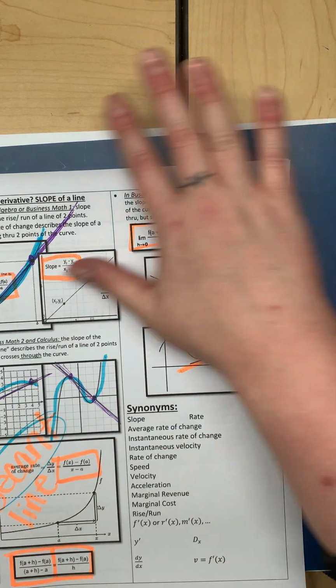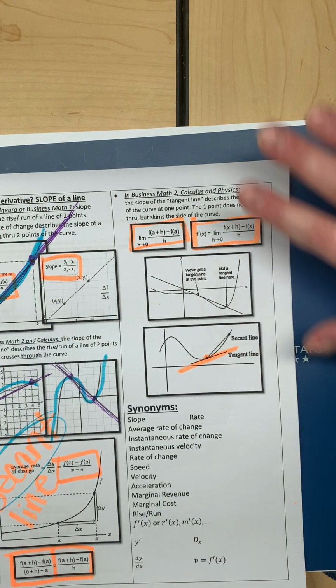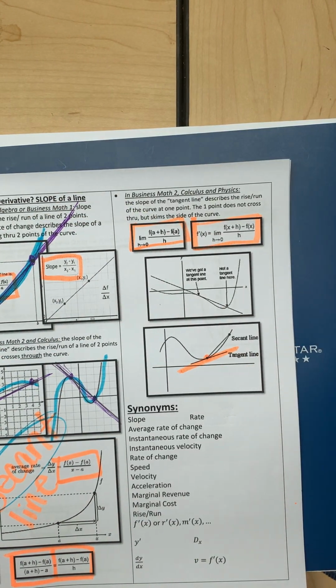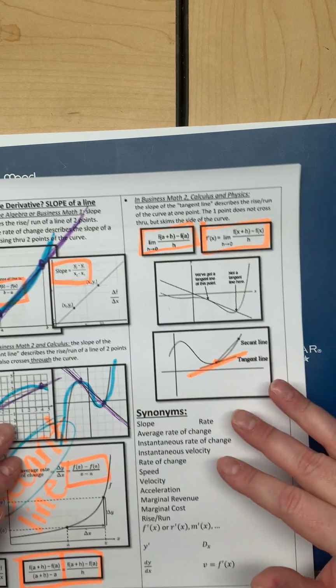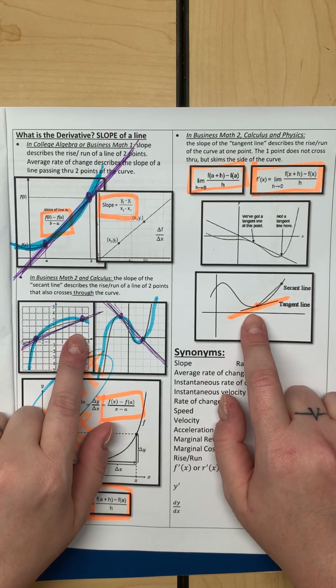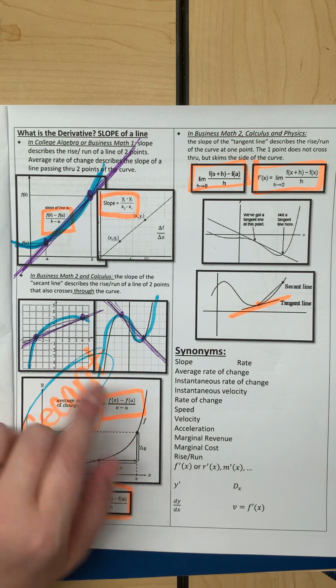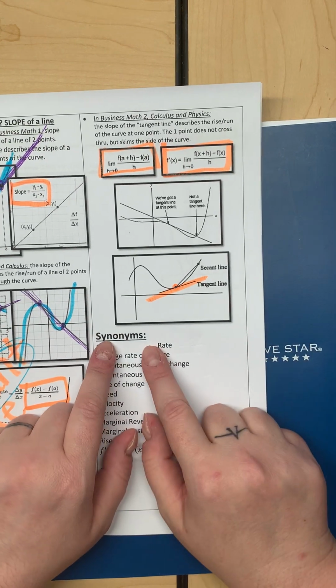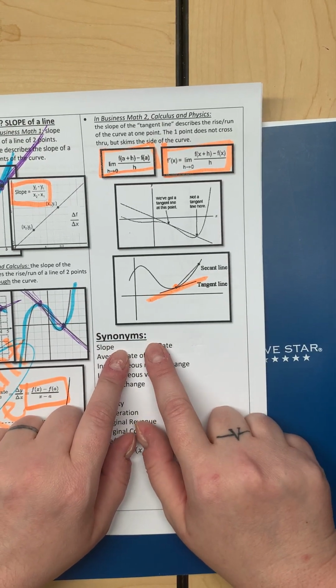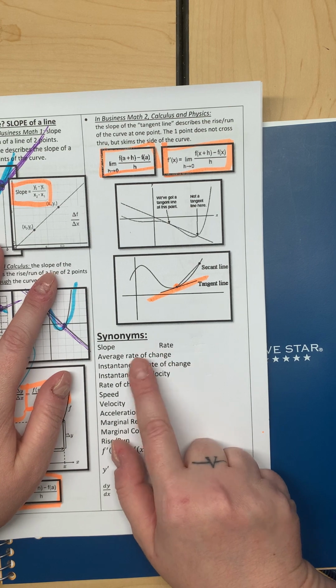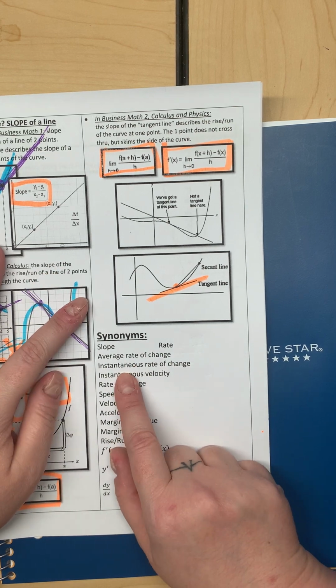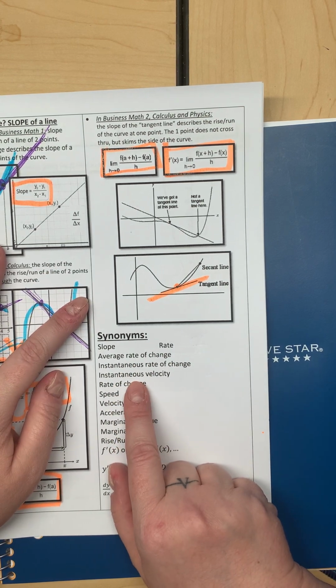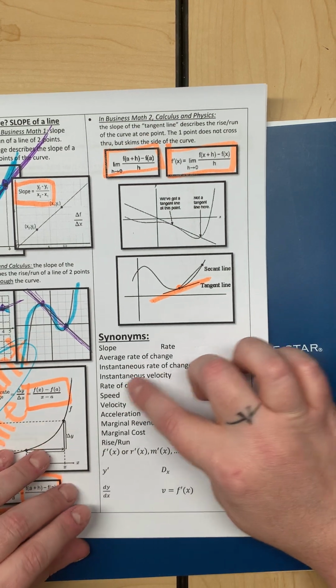Okay, so all of this is to say it all represents the slope of some kind of line touching some kind of curve. Synonyms of slope are slope, rate, average rate of change, instantaneous rate of change, instantaneous velocity, and so on.